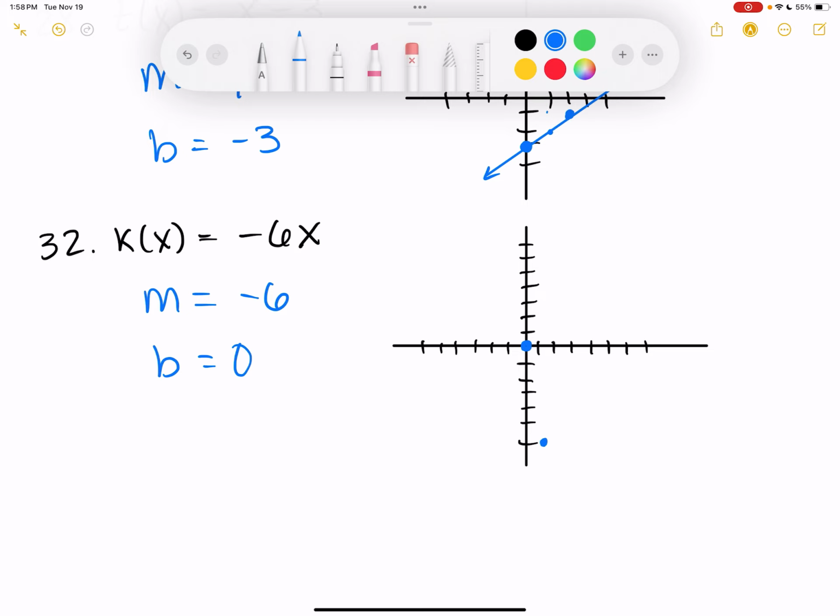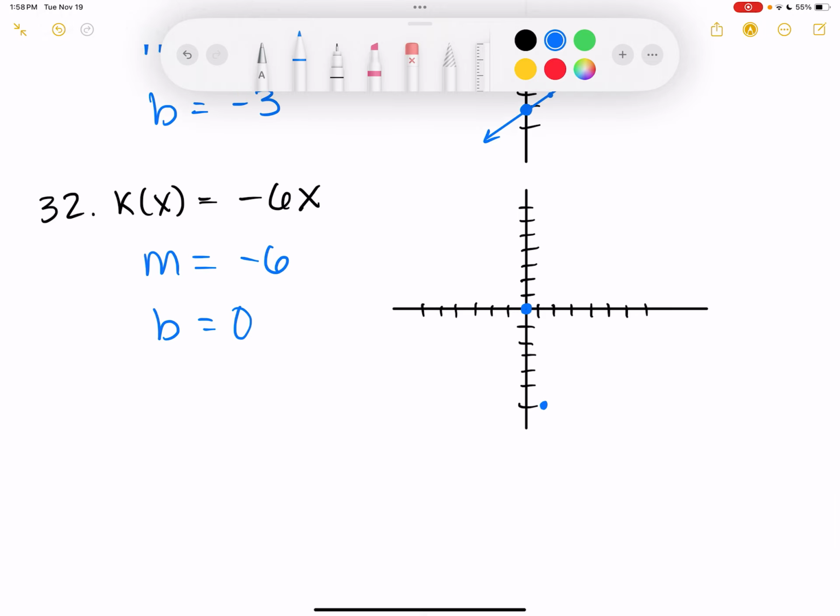Or, because that could be an excessively large graph, I can also go up 6 and back 1. So up 1, 2, 3, 4, 5, 6, back 1. And then I can connect my dots like that.